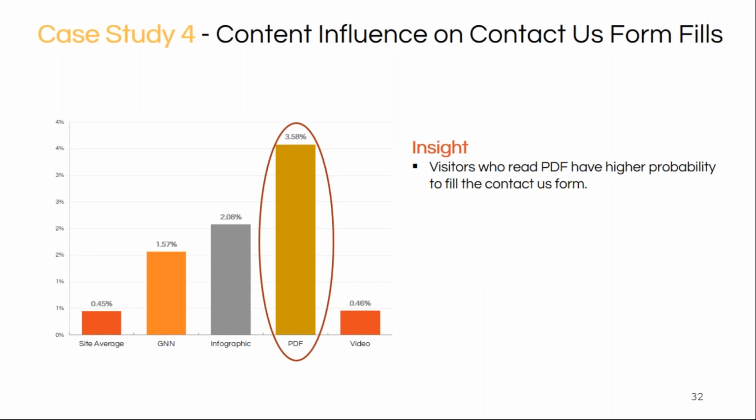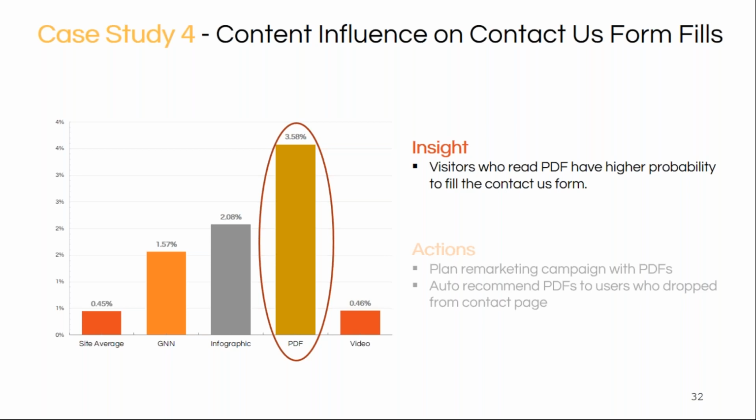Let's start with case studies. This customer is a fund management company. They wanted to get more contact us form submissions. We analyzed their content segment, and we found that people who read the PDF converted better than others. People who read the PDF had a conversion rate of 3.58. That is the insight we got.